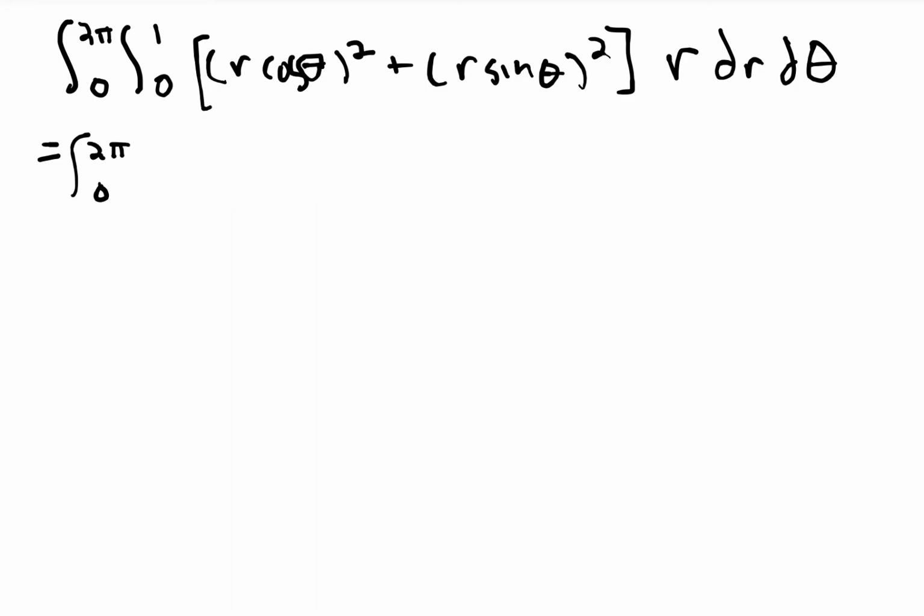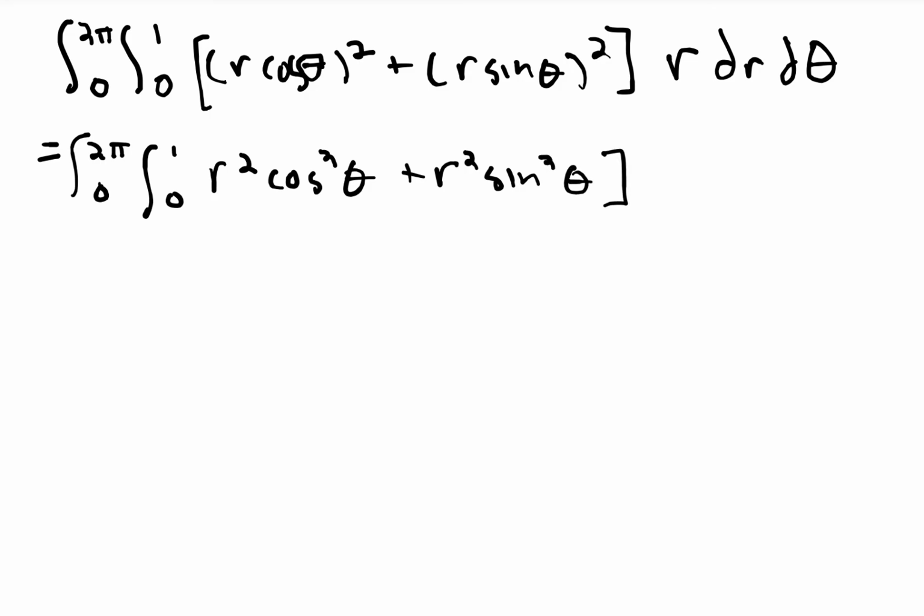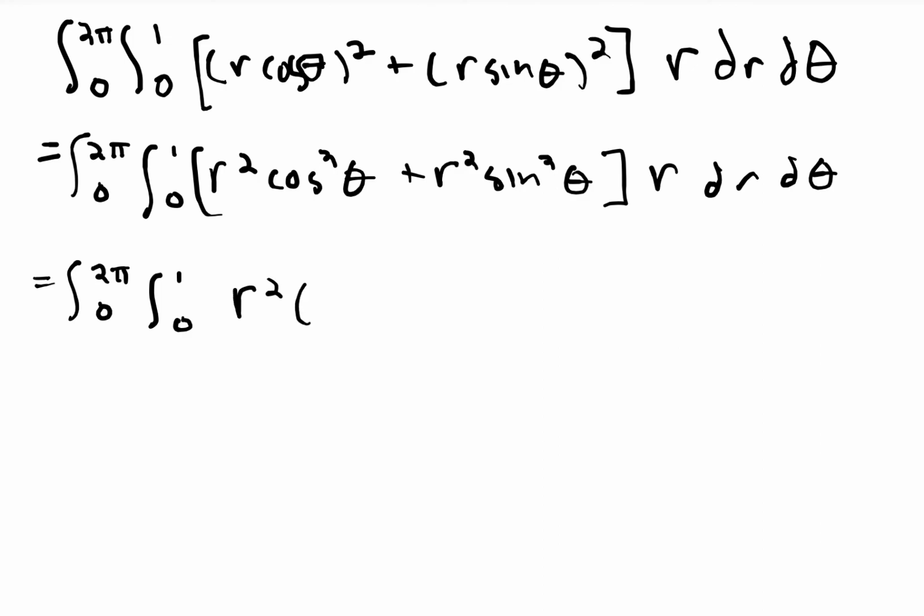Namely, I can actually take these squares here. You'll see that if I clean this up, I have r squared cosine squared theta plus r squared sine squared theta. I'm going to hang on to this r for the moment here. And then some further cleanup that I can do is this. Maybe you might have seen this coming, but if I pull an r squared out of this piece here, what that leaves me with is a cosine squared theta plus a sine squared theta.